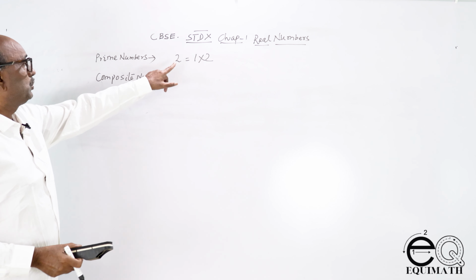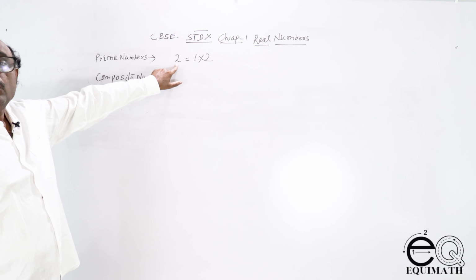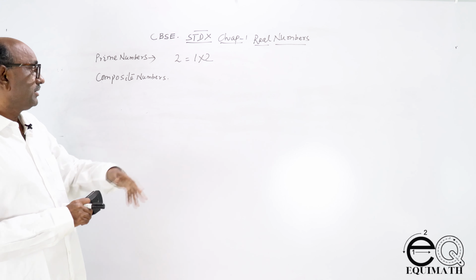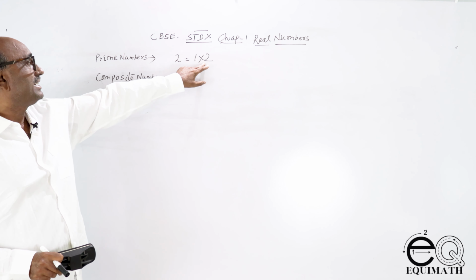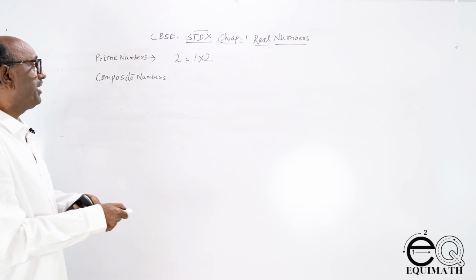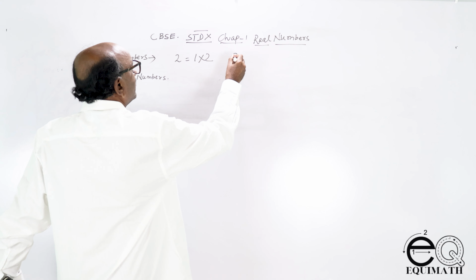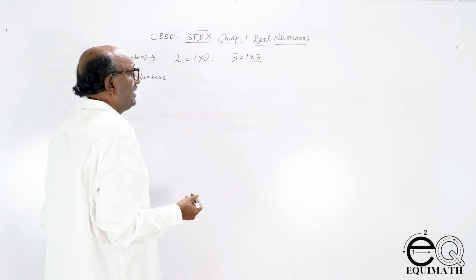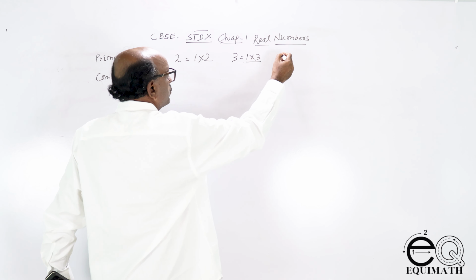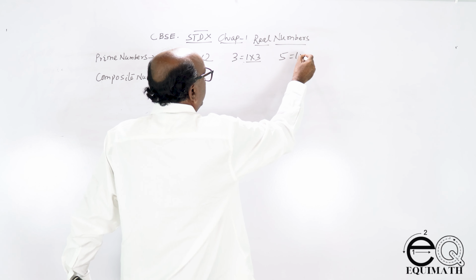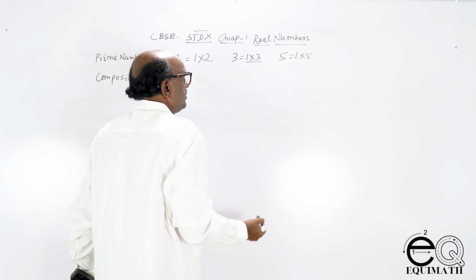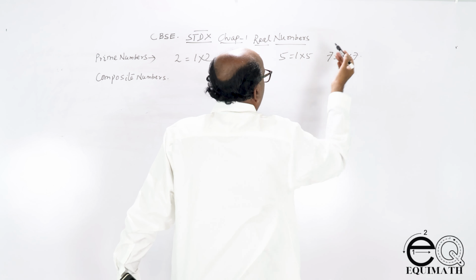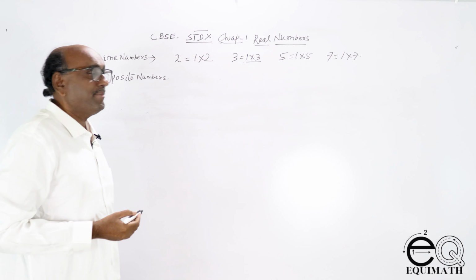So in 2, we have only 2 factors. The factors are 1 and itself. Suppose 3, that is 1 into 3. It has only 2 factors, 1 and itself. Suppose 5, 1 into 5. Suppose 7, 1 into 7. All these numbers are prime numbers.